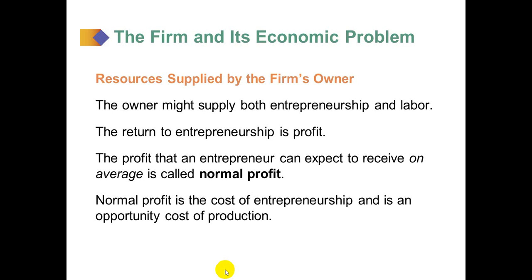The return of labor is wage or salary. The return of capital is called interest. And the return to entrepreneurship is called profit. The profit that an entrepreneur can expect to receive on average is called normal profit. So normal profit is the cost of entrepreneurship and is an opportunity cost of production.